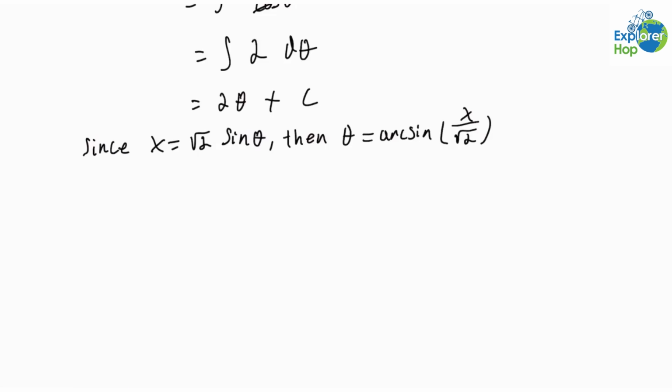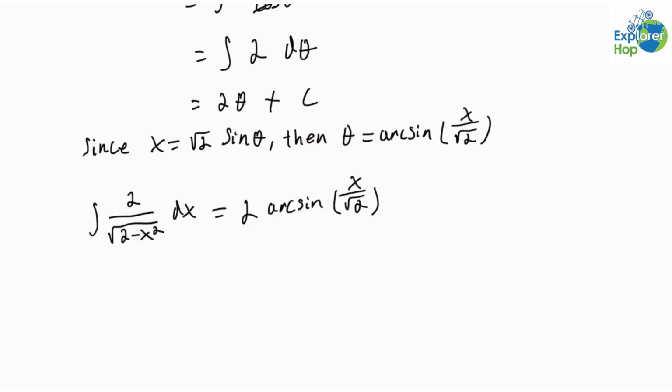So subbing this back in, we get that the integral of 2 over root of 2 minus x squared dx is equal to 2 theta, which is arc sine of x over root 2 plus some constant c.